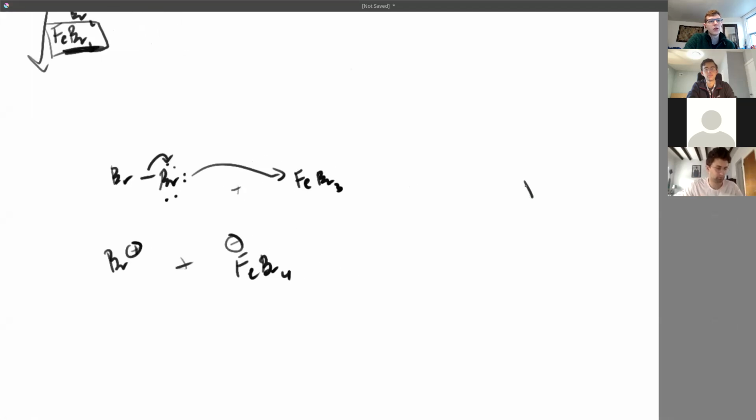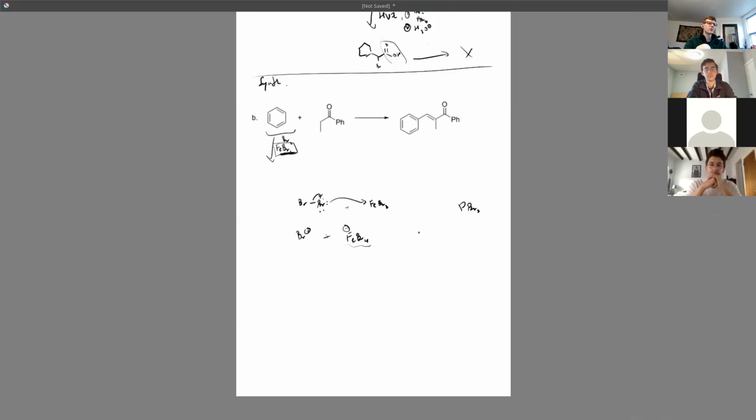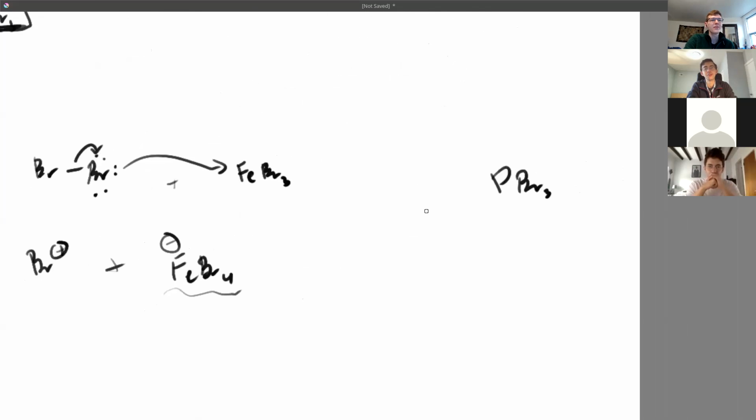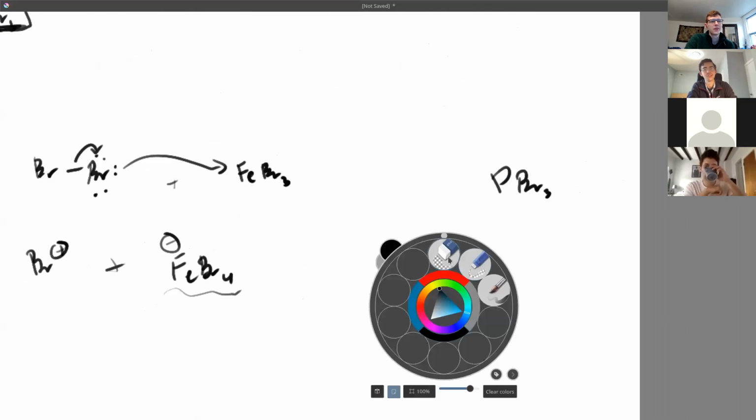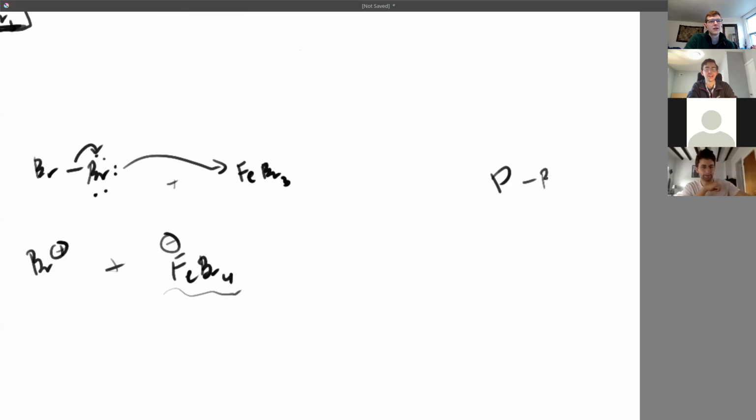In contrast, PBr3 I don't think likes being in this minus state as much. Okay. For us, they're functionally very different. So I'll make sure I won't confuse the two. I'll definitely use FeBr3 and PBr3 in different contexts.